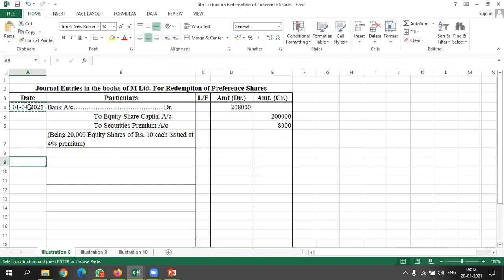Second entry will be of transfer. So I am transferring my claim to the shareholders account at 5% premium.